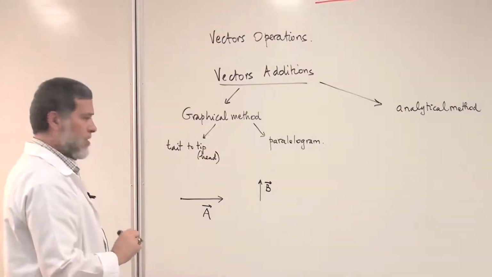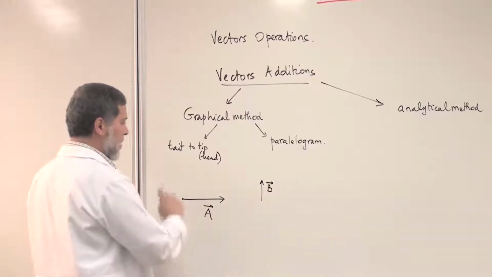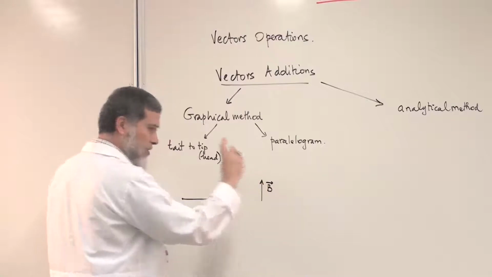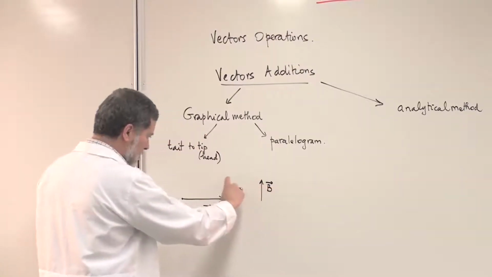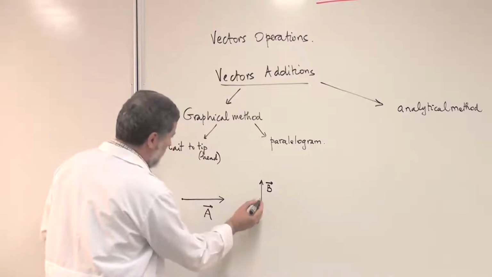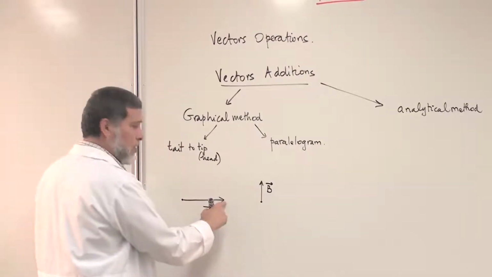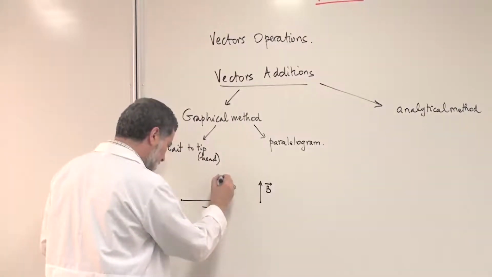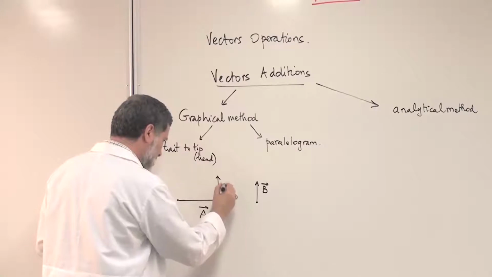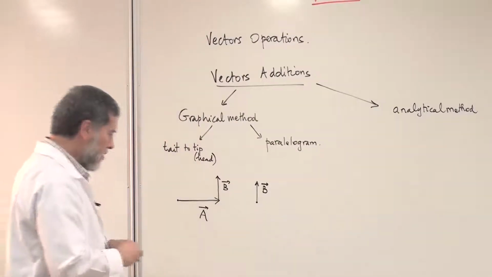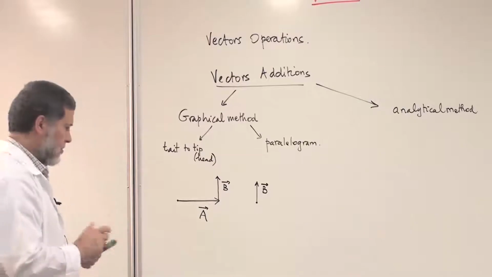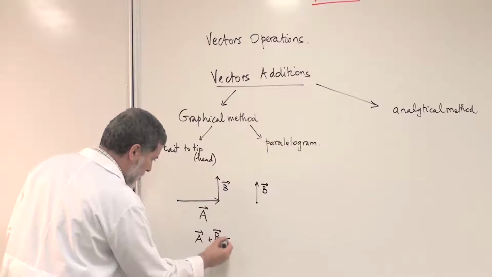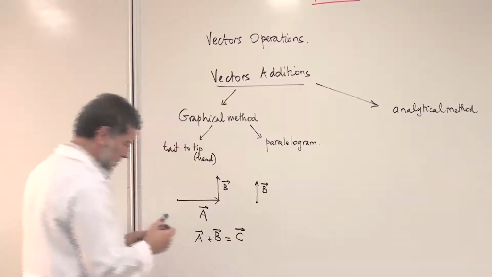The tail to head method for adding vectors is: I'm going to bring the vector B, move it, keeping the direction the same and the magnitude the same, and bring it here so that the tail of B will coincide with the head of A. So this is my vector B. Then, I'm doing A plus B here, which is going to give me a vector called vector C.